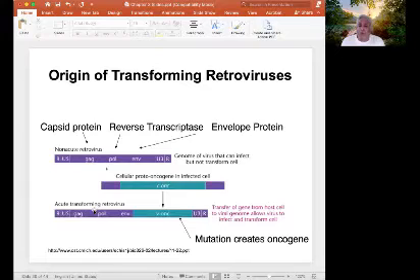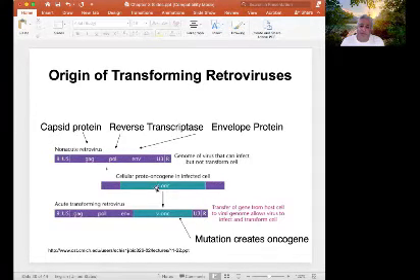These are very rare, but it can happen because the number of virus particles that infect tissue is enormous. So these rare events can happen. You can see this is the wild type nucleic acid that existed in the lytic cycle of these viruses, and then this is the host chromosome's oncogene, right?